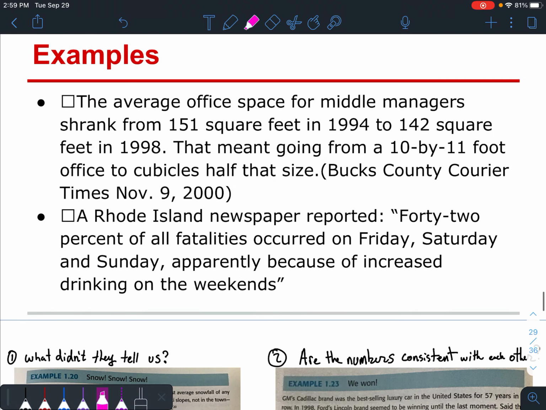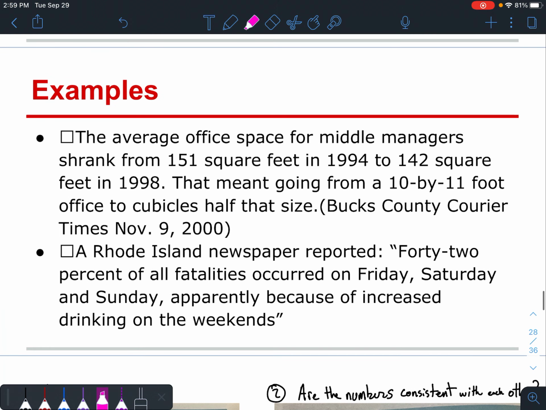So working our way through, I have a couple of examples for you here of situations where maybe something's not right, a couple out of newspapers. The average office space for middle managers shrank from 151 square feet in 1994 to 142 square feet in 1998. That meant going from 10 by 11 foot office cubicles to half that size.